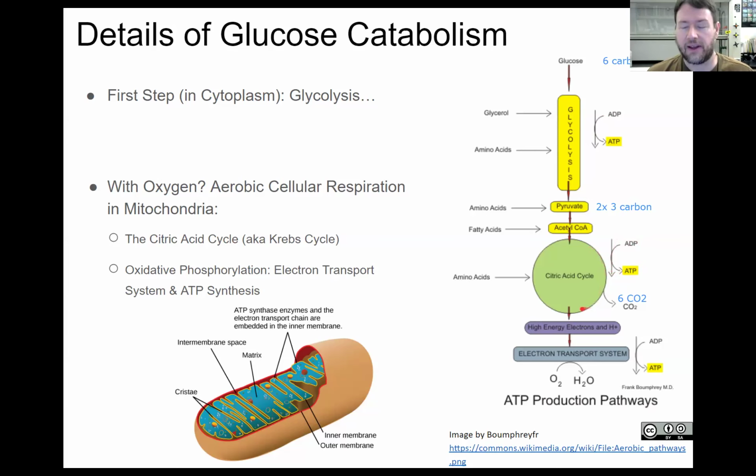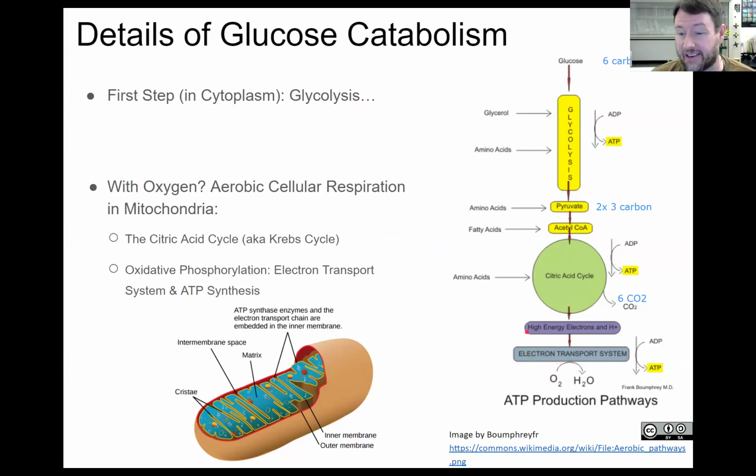Other parts of glucose, namely high energy electrons, are shuttled out in one of those electron shuttles, that NAD, and there's a different one called FAD. We don't need to get into all those biochemical details of how that works, but basically they're taking electrons that originally were in glucose and transporting them to this electron transport system.